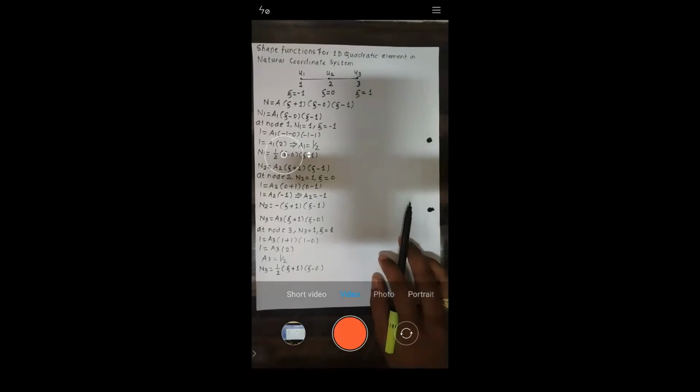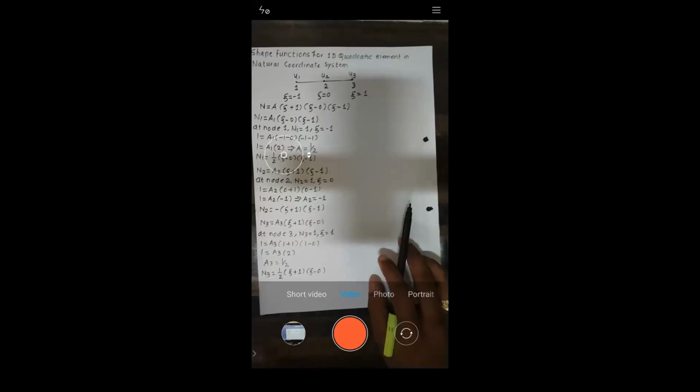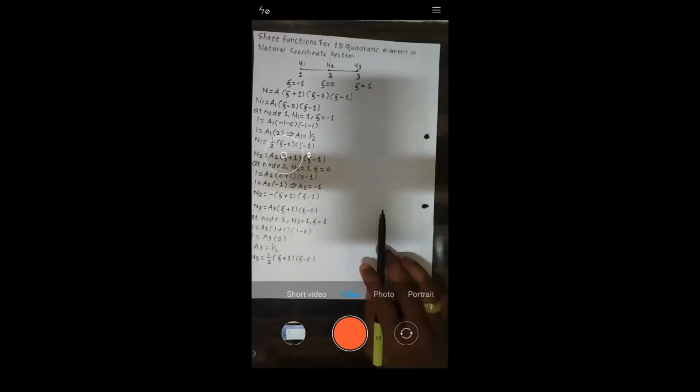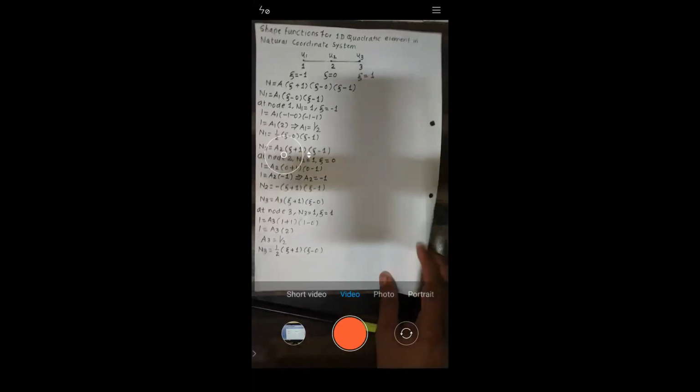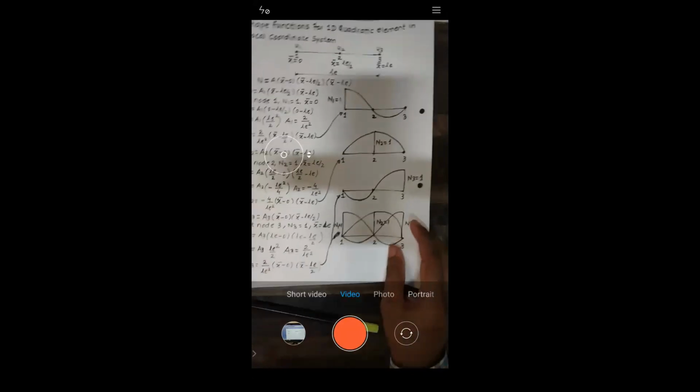Okay. See now, we'll take some problems based on this. We have done it initially for linear and then for quadratic. Let's initially do it for cubic, and afterwards solve the problem. So linear we have finished, quadratic we have finished.